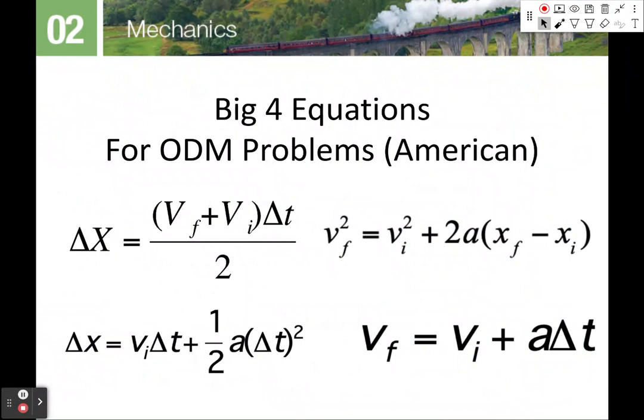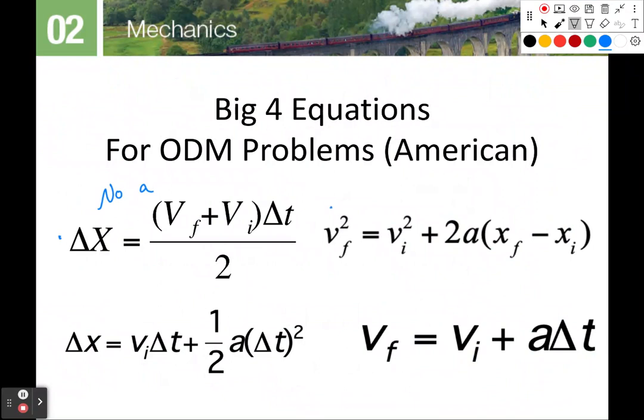All right, but there are some key things that we need to notice. This first equation right here, what is it missing? Which variable from the previous thing are we missing? You should be saying, well, there is no acceleration here. That means if we look at a problem and there's no acceleration either being solved for or given to us, that might be the equation we're going to use.